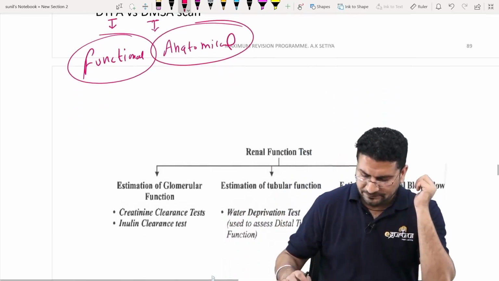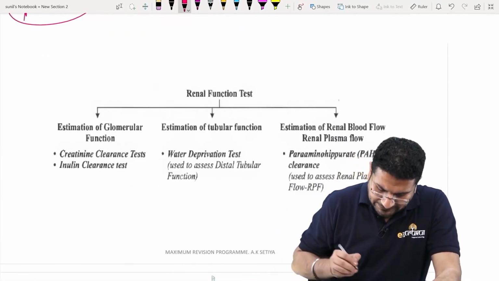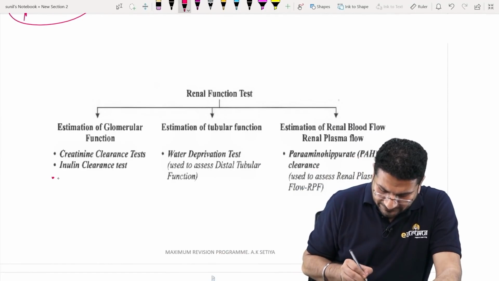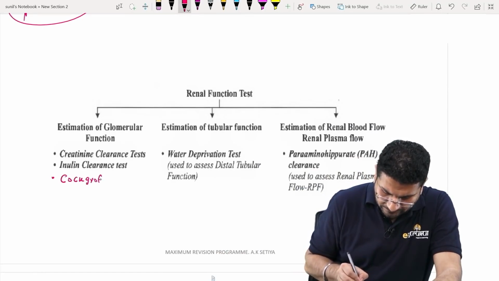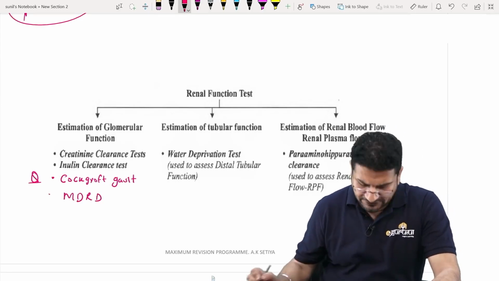For kidney function, for GFR, we have tests like creatinine clearance, inulin clearance. Then there is the Cockcroft-Gault formula. We have MDRD, modification of diet in renal disease.